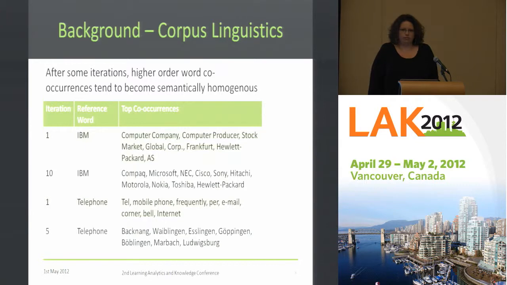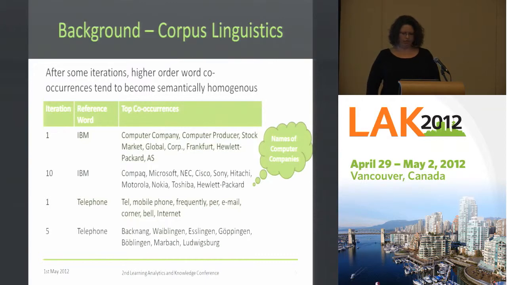Terms that we would expect to co-occur with IBM. After the 10th iteration, we get a totally new cluster containing the words Compaq, Microsoft, NEC, Cisco, Sony, and so on. These are all names of computer companies. So we really have a semantically homogeneous cluster.